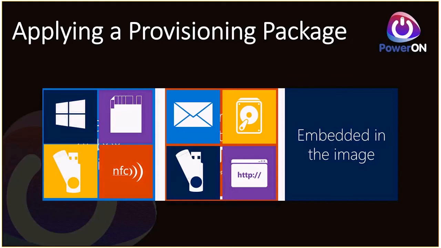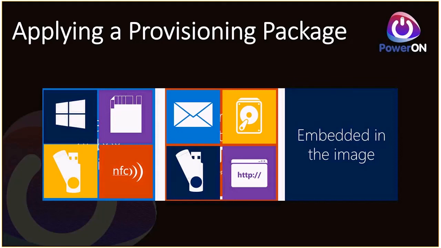So outside of SCCM and Intune, how can you apply these provisioning packages to these bring your own device style devices? Usually the organization would have some kind of defined provisioning procedure where the user gets the go ahead to buy the device from Amazon or PC World.